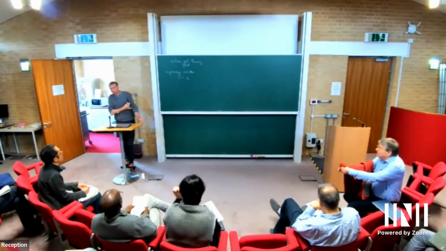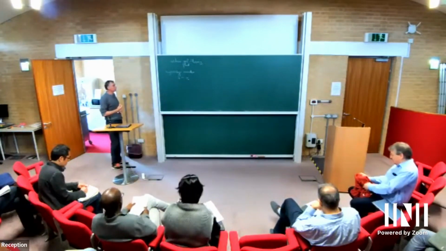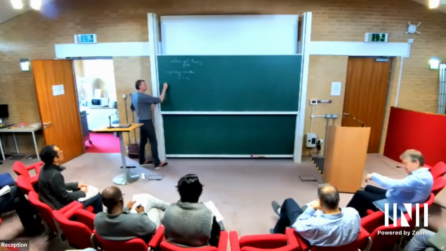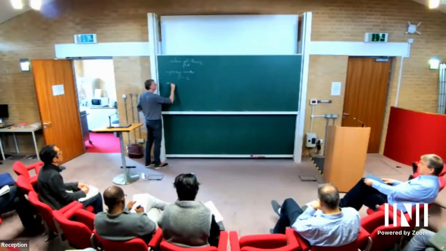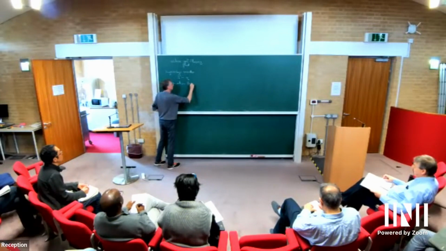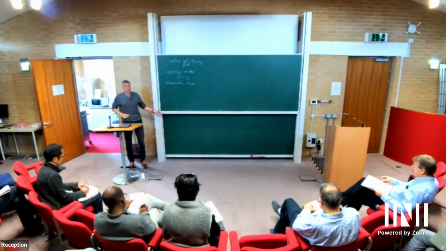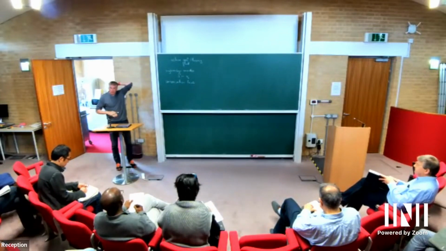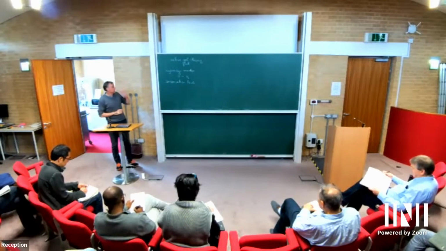And there are two main origins of such hydrodynamic modes. One would be conservation laws, and the other is broken continuous symmetries. And we are going to talk about the second part later.